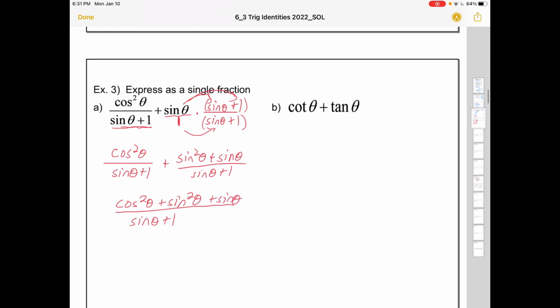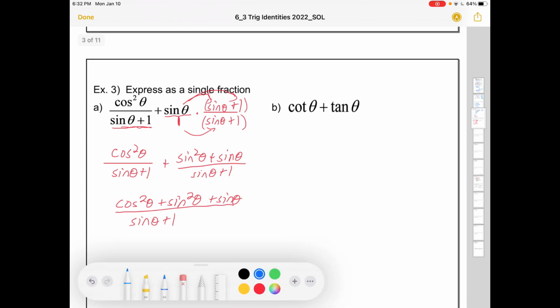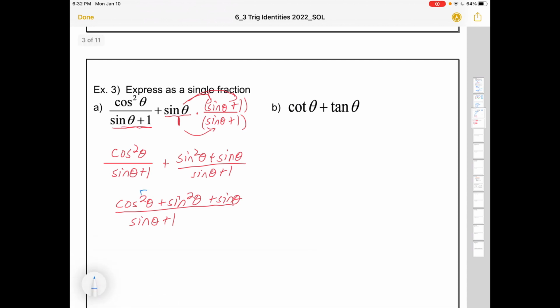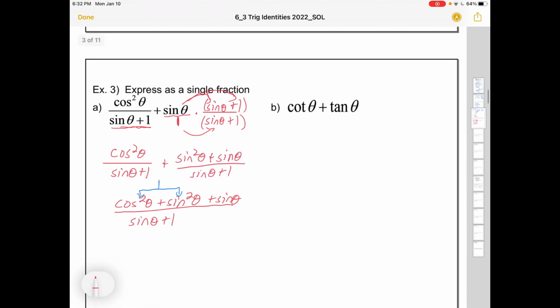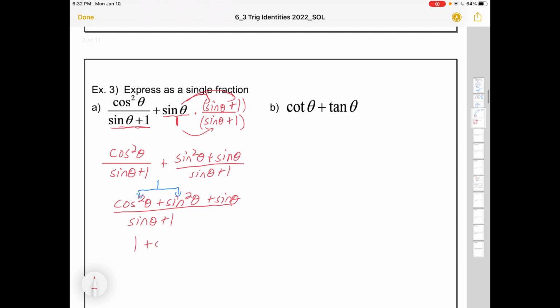Now, that is doing what it asks us to do, put it as a single fraction. But if you're thinking about what we just looked at, sine squared plus cos squared, that's just 1. So I should be able to write this as 1 plus sine theta on top, and the bottom is sine theta plus 1. Those are really identical terms.